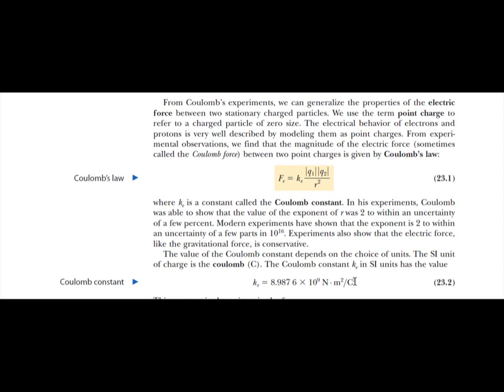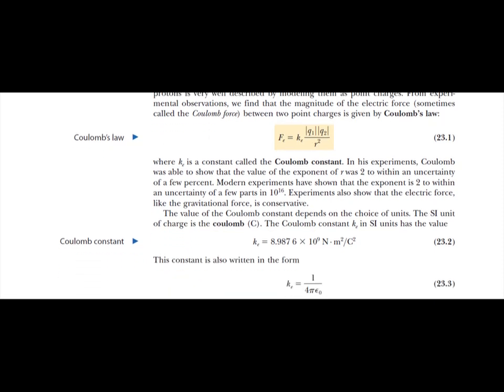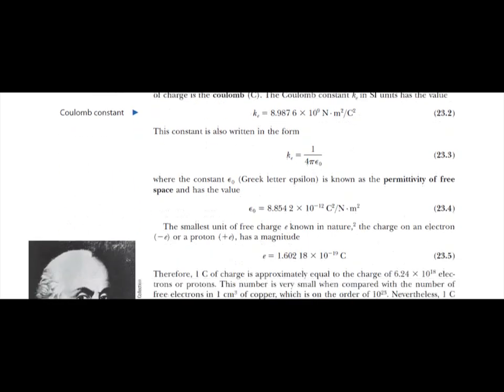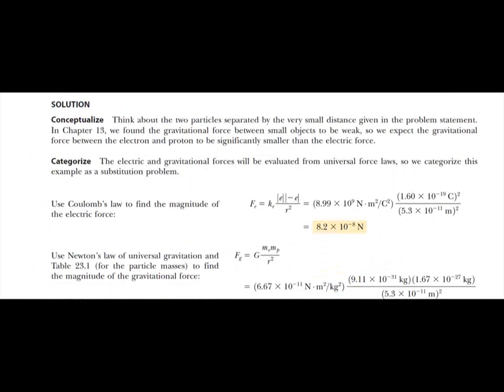So given two charges and the distance between them, r, between their centers, you can calculate Fe, which is the force between them. I'm sure you remember this from your studies of physics.